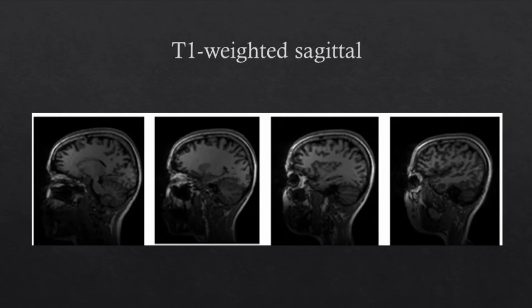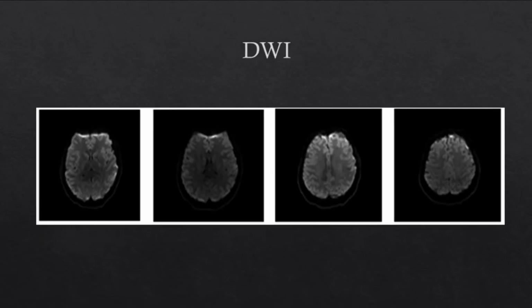And T1 weighted sagittal images, and finally diffusion weighted images. Still, you can see some movements, but because of the raw data, we didn't pre-process the images to reduce these blurry parts.